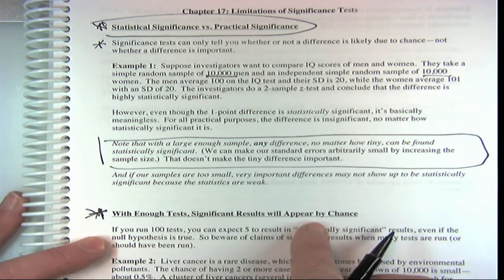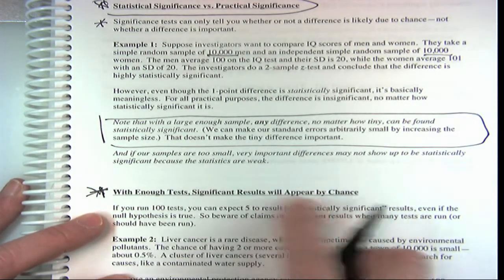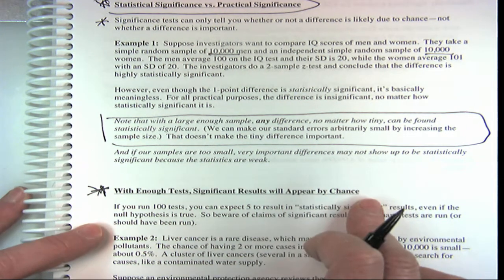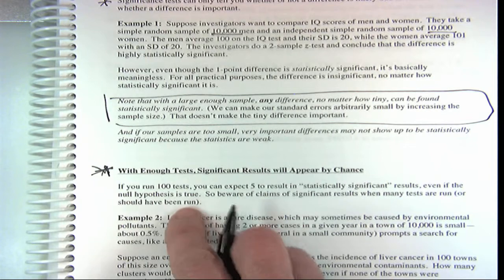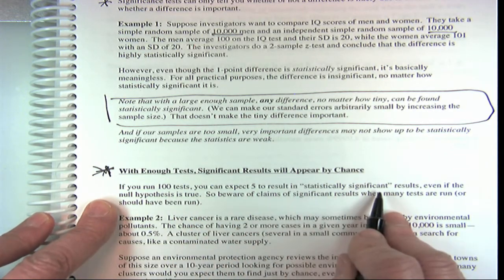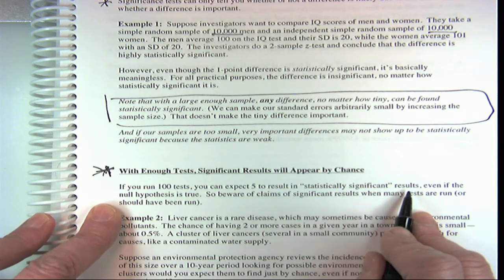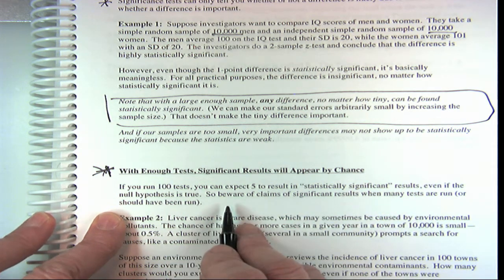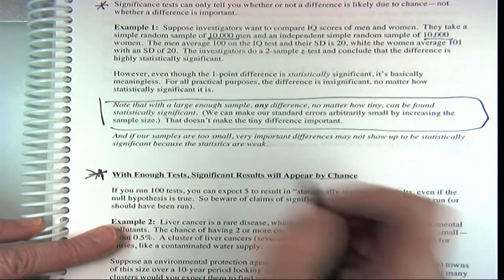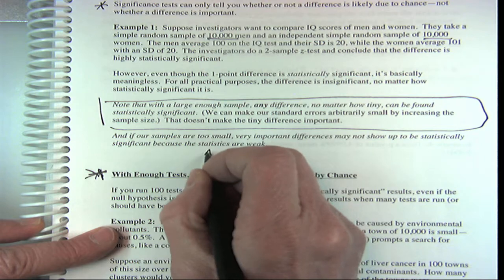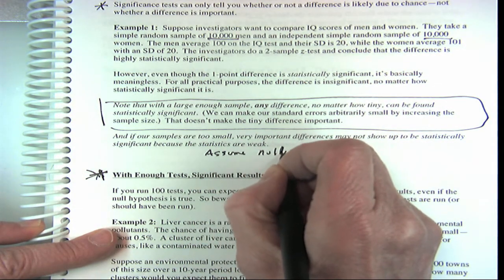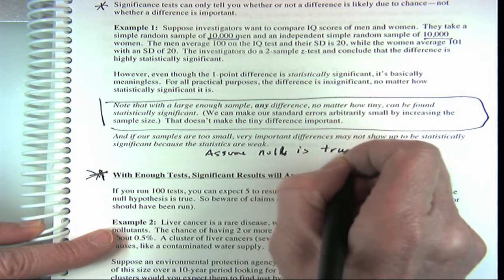Okay, so that's important. And here, this is a huge important thing. With enough tests, significant results will appear by chance. So if you run 100 tests, you can expect 5 to result in statistically significant results even if the null is true. Why? Because that's the meaning of the 5%. You assume the null is true.